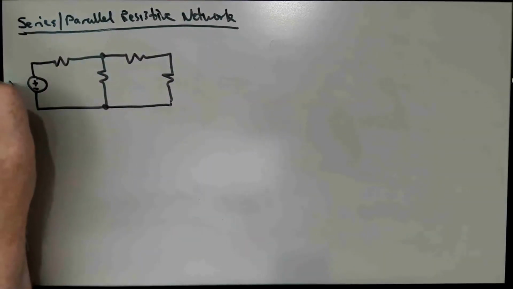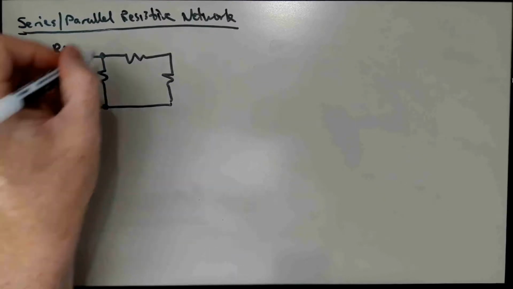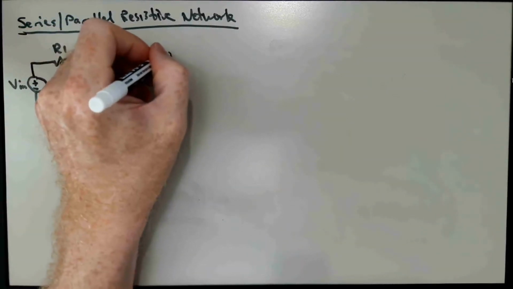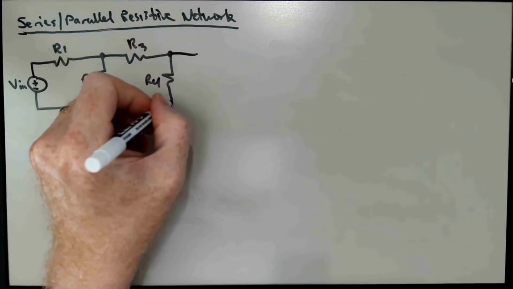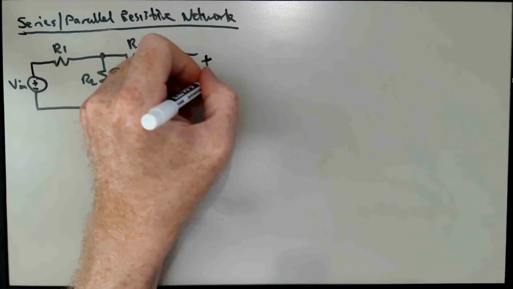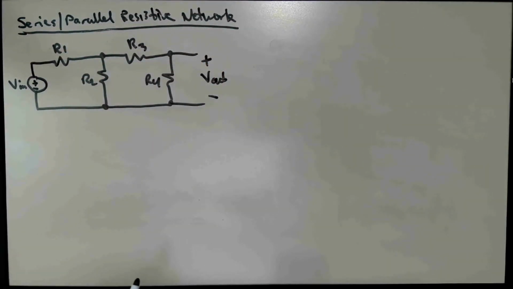So this is Vin, R1, R2, R3, and R4. We're going to be interested in what is the output voltage here across R4 as a function of Vin. Okay, we're going to consider 3 different ways of solving this problem.